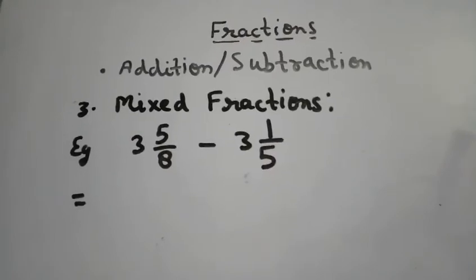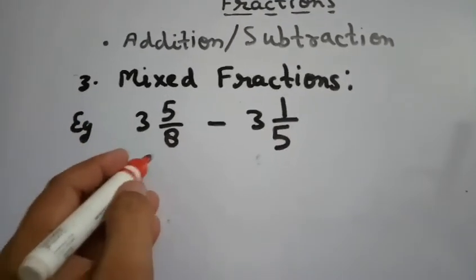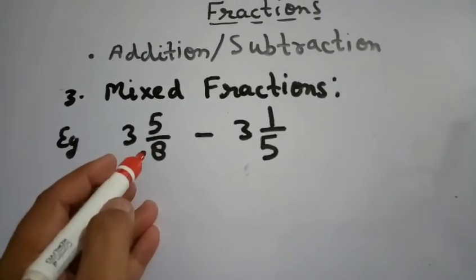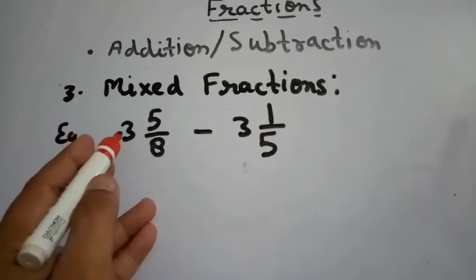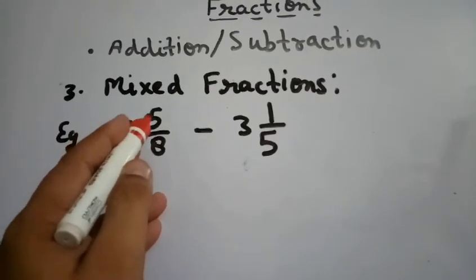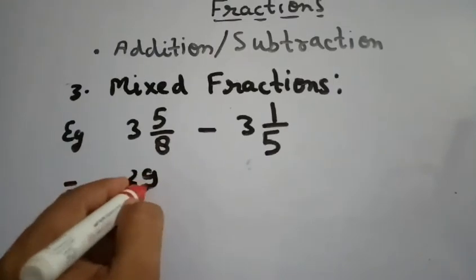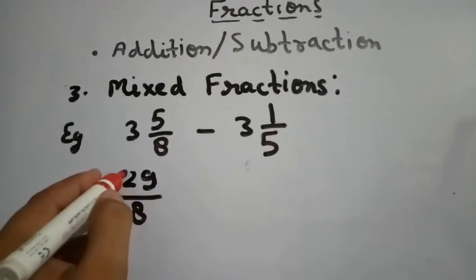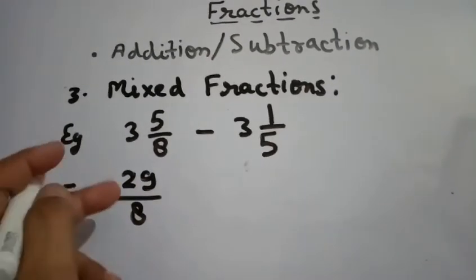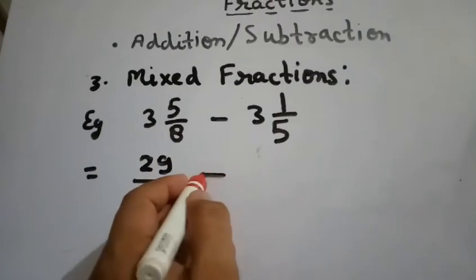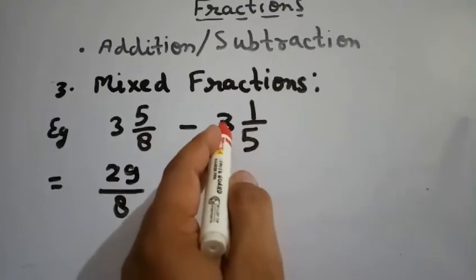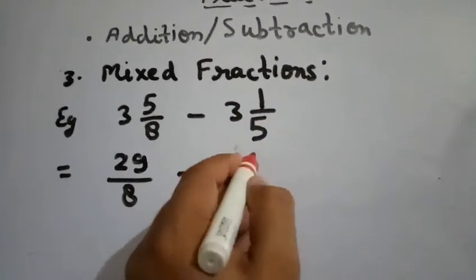So student, now convert the mixed fraction into an improper fraction. 8 3s are 24, 24 plus 5, 29 upon 8. Minus 5 3s are 15, 15 plus 1, 16 over 5.